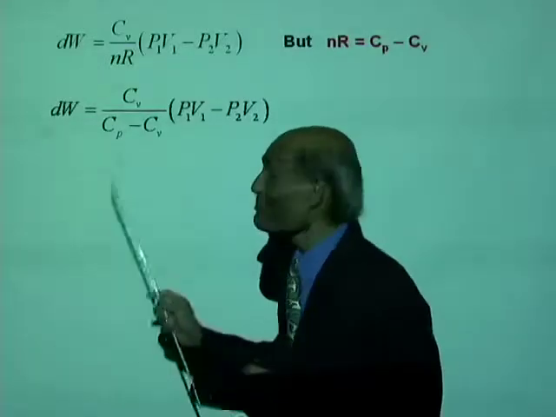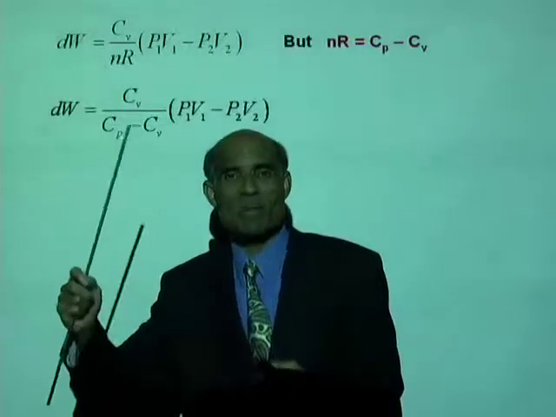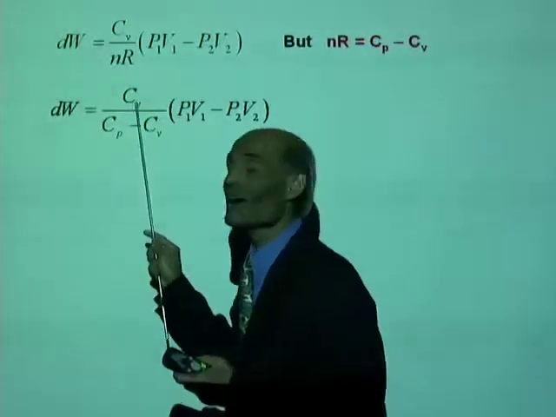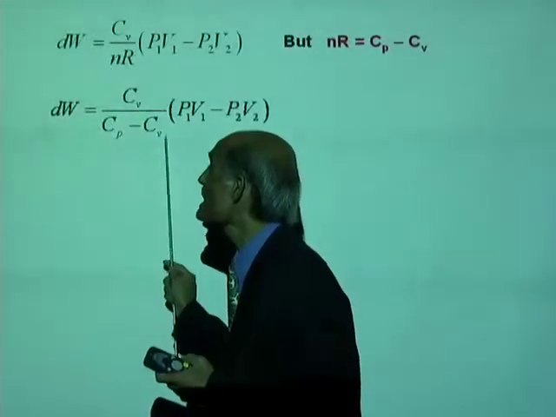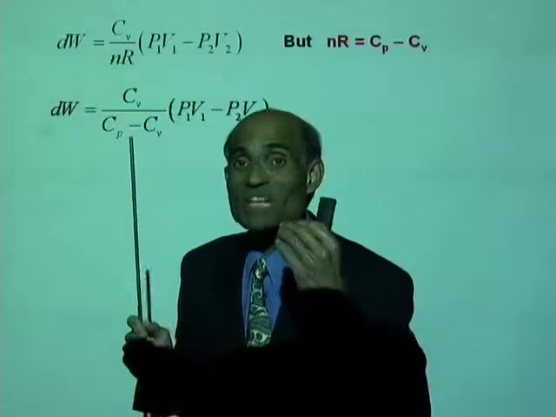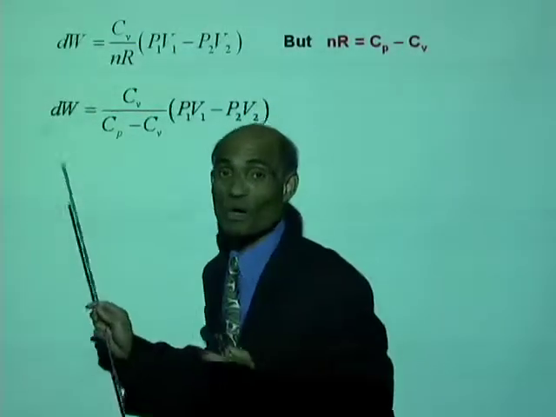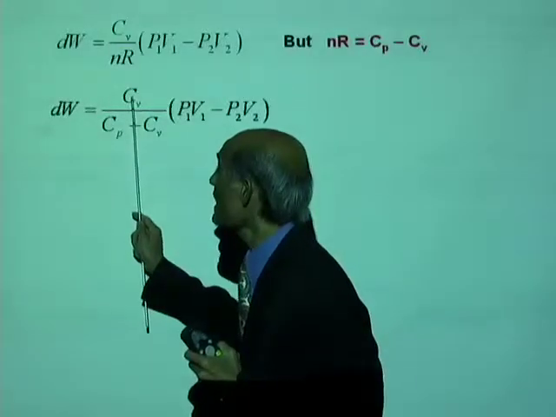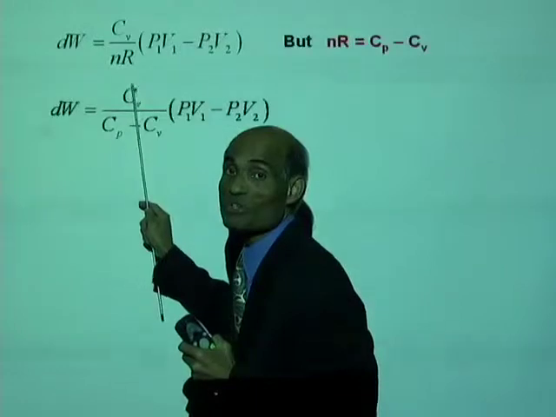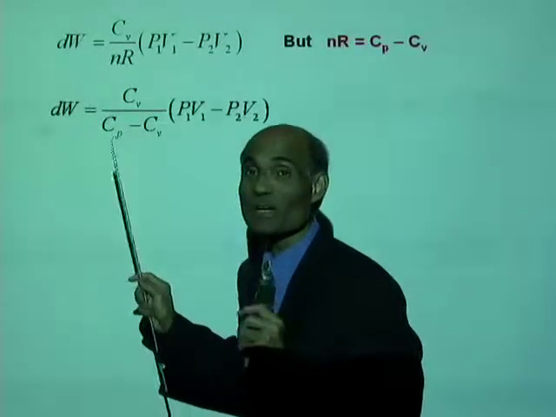Okay. Is it possible for us to write this quantity in terms of gamma? What do you think? How do we write this quantity in terms of gamma? What is the definition of gamma? Gamma is Cp divided by Cv. So, all you need to do is divide the numerator and denominator by Cv.